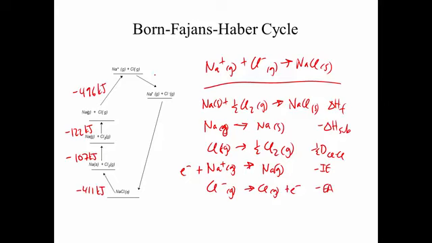And electron affinity, positive 349 kilojoules. So using Hess's law, we find the difference here is 750 kilojoules. So that would be the lattice energy for sodium chloride, which you can see that's quite strong. That's stronger than a single covalent bond, for example.